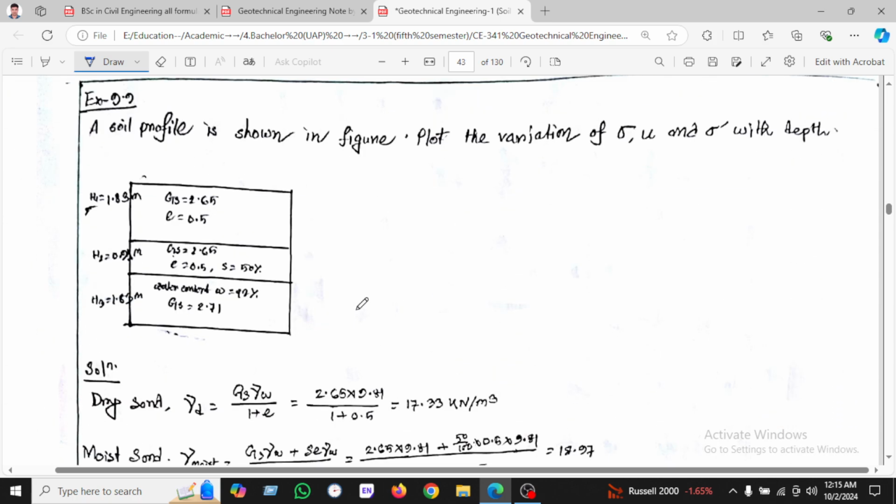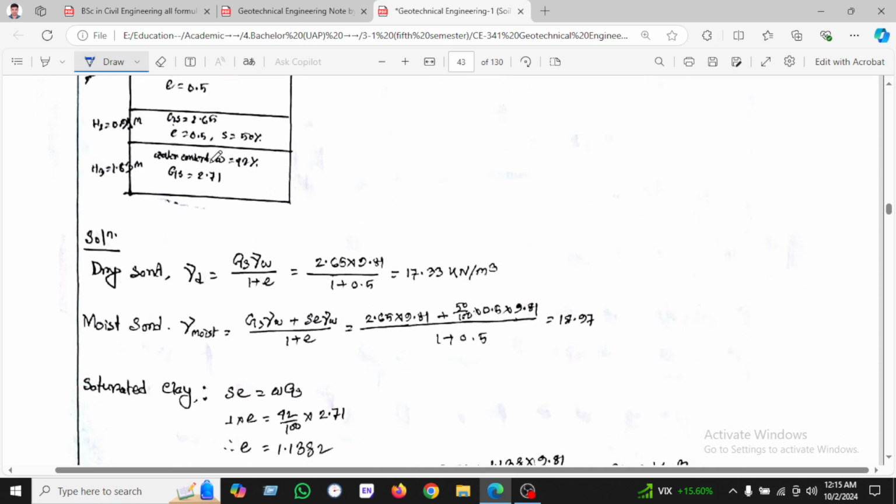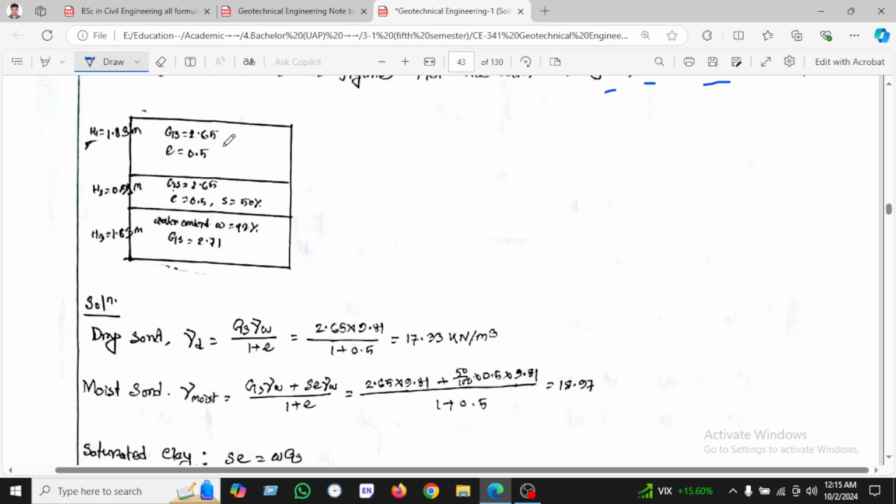So we can see another problem, where we are asked to plot the variation of the total stress, pore water pressure and effective stress. At first we have dry soil. Gamma d equals specific gravity into unit weight of water divided by 1 plus e, all the data is given here, and found 17.33. And moist soil, here is the moist soil.